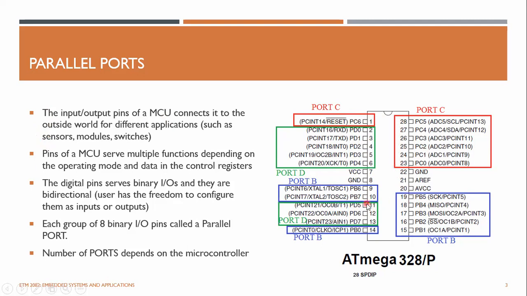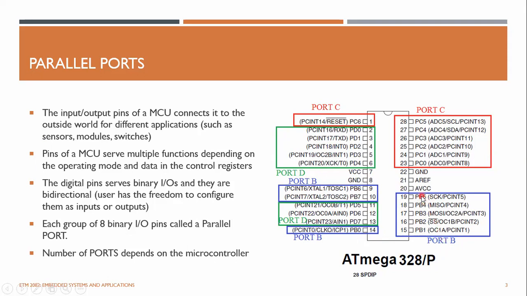For example, if we look at port B, starting with pin number 15, 16, 17, 18, 19, like pin number 15 is PB1, and pin number 14 is PB0, likewise B0, B1, B2, B3, B4, B5, B6 and B7. Altogether, 8 pins are dedicated for port B.